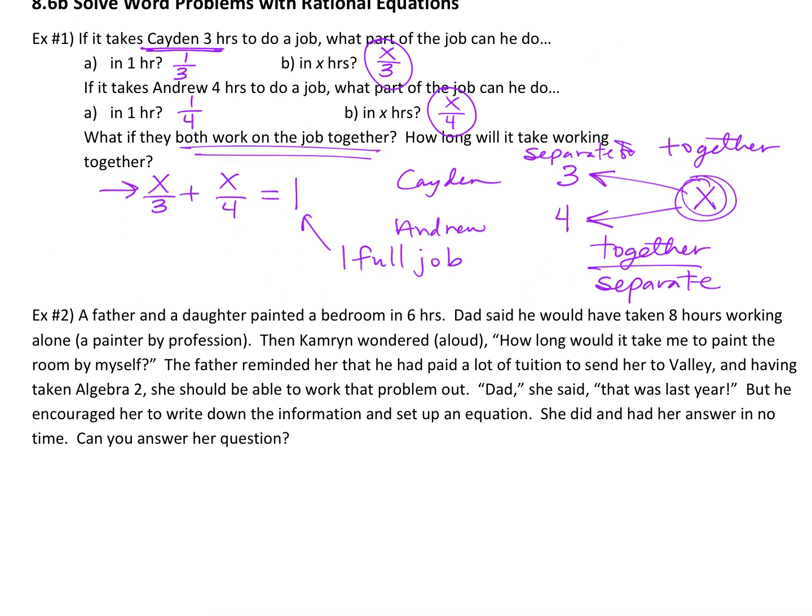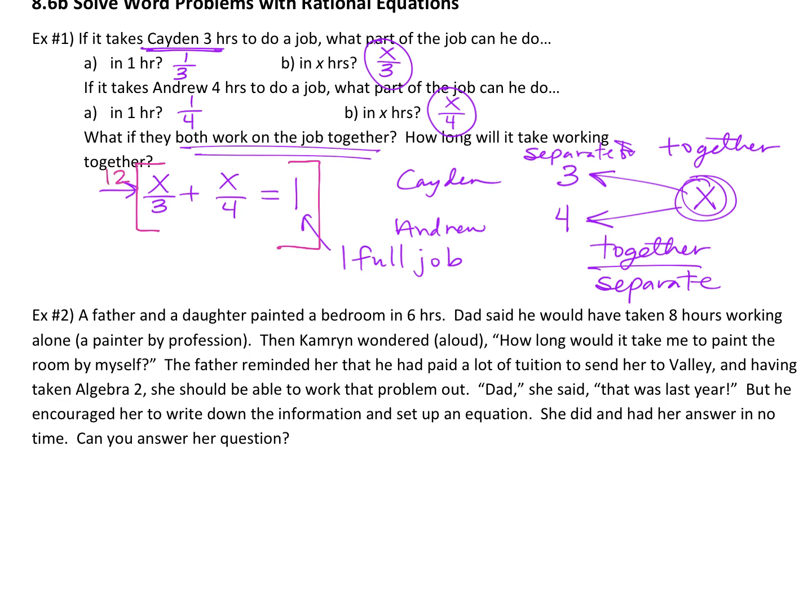How do you solve that? This should be the easy part. We know how to solve this. You do the other method we learned. Not cross multiply. The other one where you put the number over the 1. LCD, right? You find the least common denominator. What is the least common denominator here? It's 12.